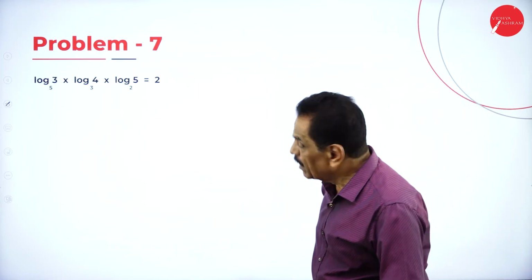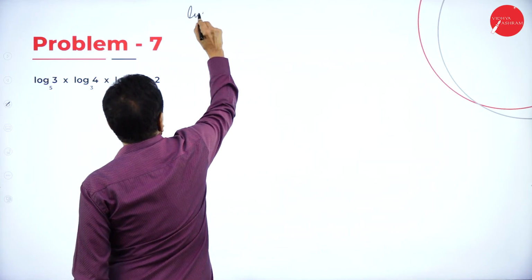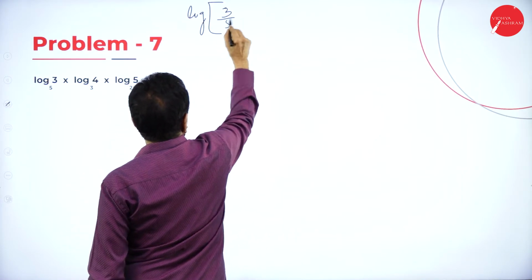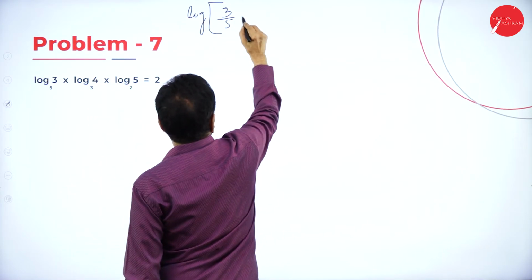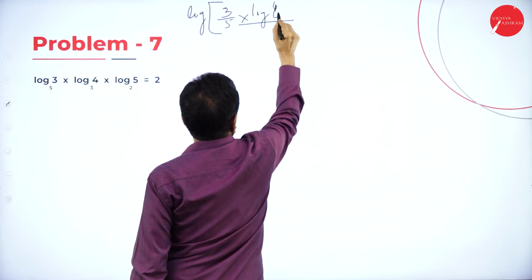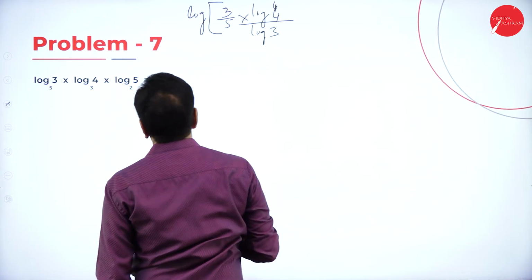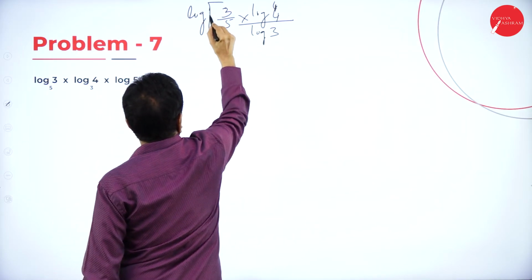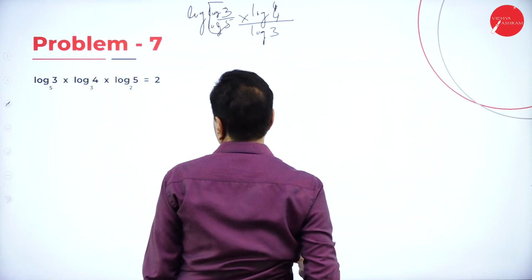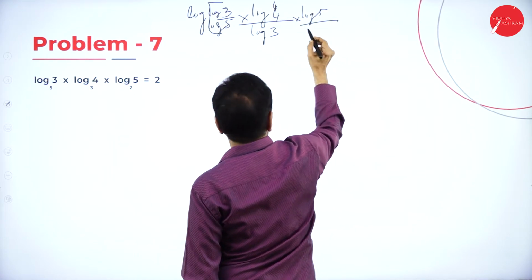7th one. Log 3 to the base 5, log 3 divided by 5 into log 4 divided by log 3, then log 5 divided by log 2.